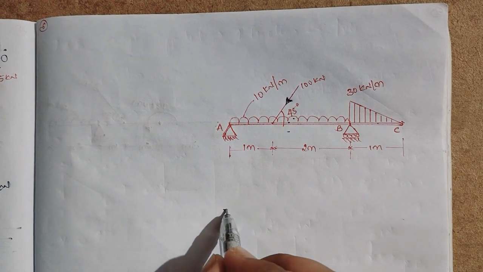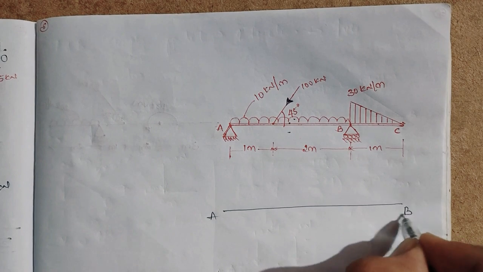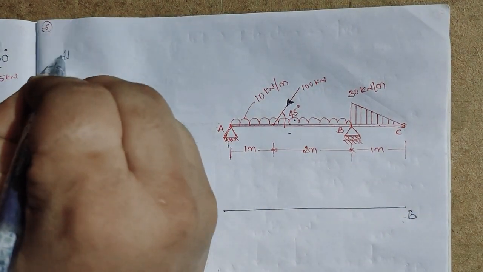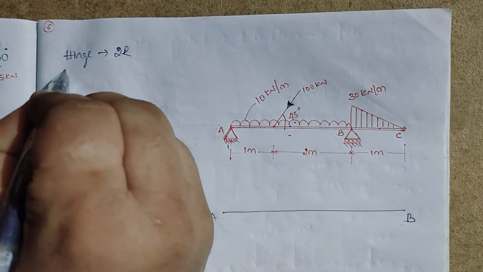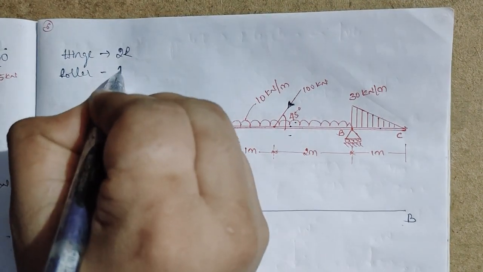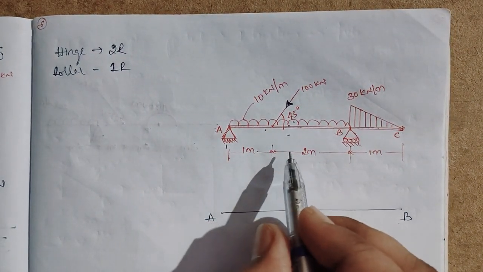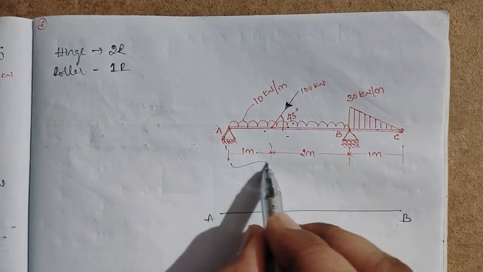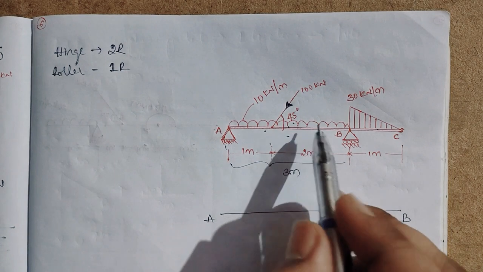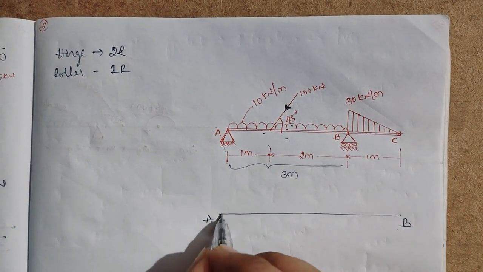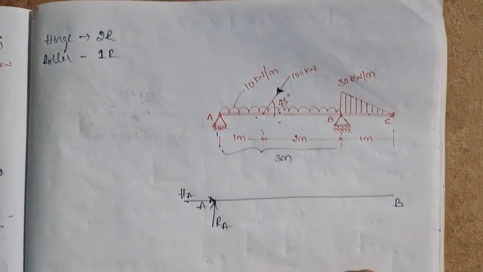I'll solve it directly. See here. This is A and this is B, so it is a hinge. So hinge, 2 reactions, roller, 1 reaction. This UDL is up to 3 meter. So at 1.5 meter I can expect a point load. So this is RA and this is HA.